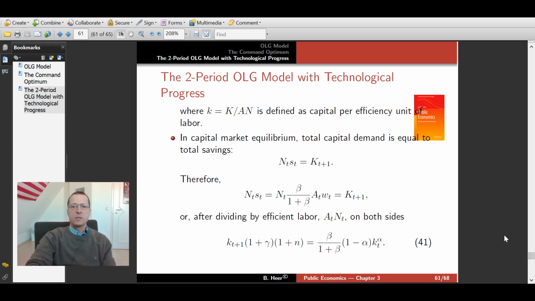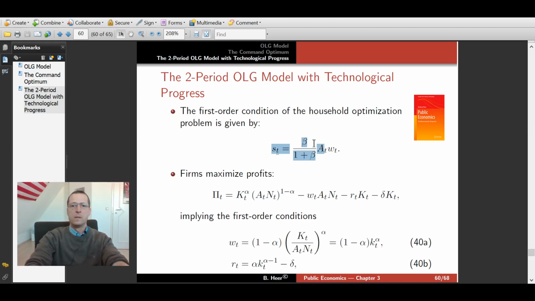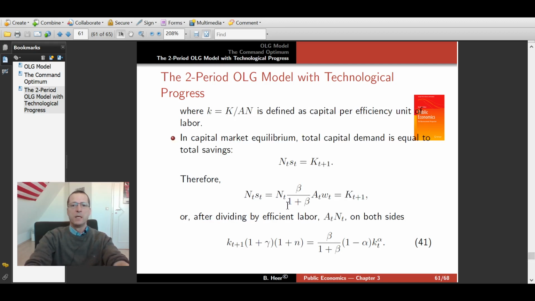So we can substitute our solution for optimal savings into the capital market equilibrium here and derive the second equation on slide 61.